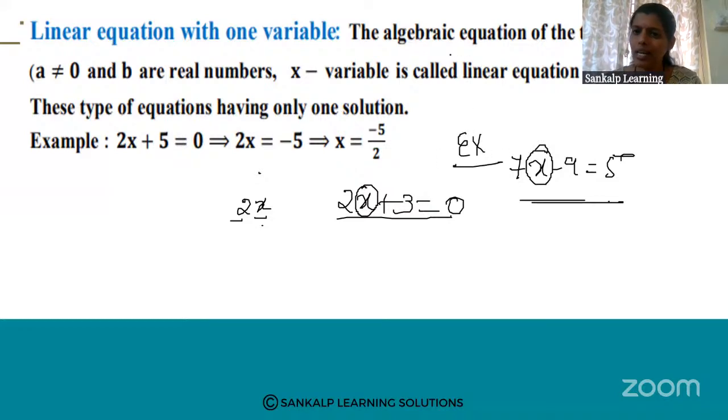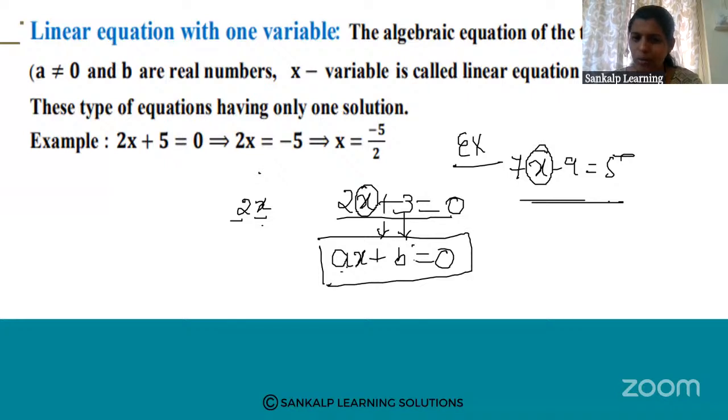The algebraic equation of the type ax plus b equal to 0, where a is not equal to 0 and a, b are real numbers. See, if I write the general form of a linear equation with one variable, consider the coefficient as a, then x, plus this term as b. ಇದನ್ನ ನಾನು constant term ಅನ್ನ b ಅಂತ ತಗೊಂಡ್ರೆ it will be ax plus b. a and b are real numbers.